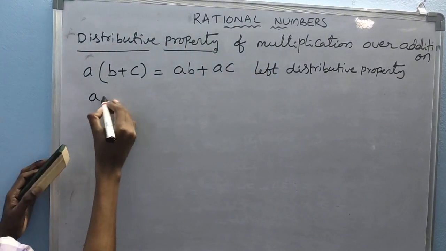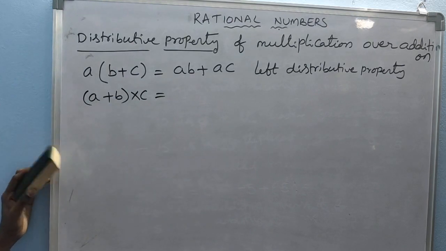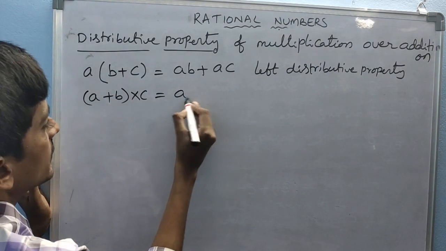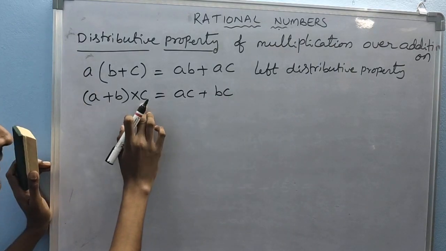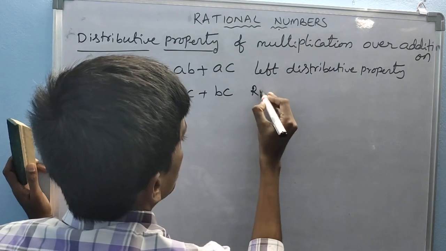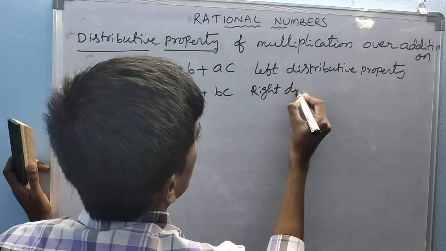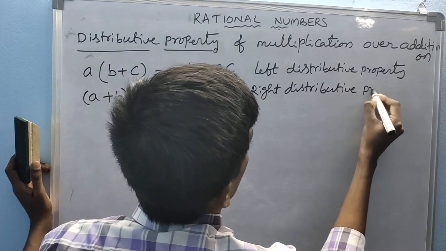For example, A plus B into C equals AC plus BC. Here C is on the right side of the bracket, so this is the right distributive property.